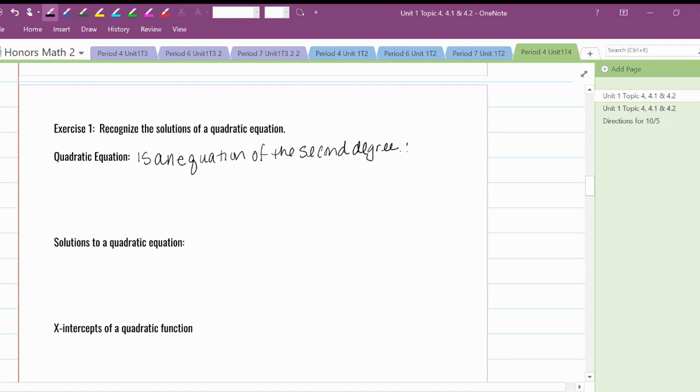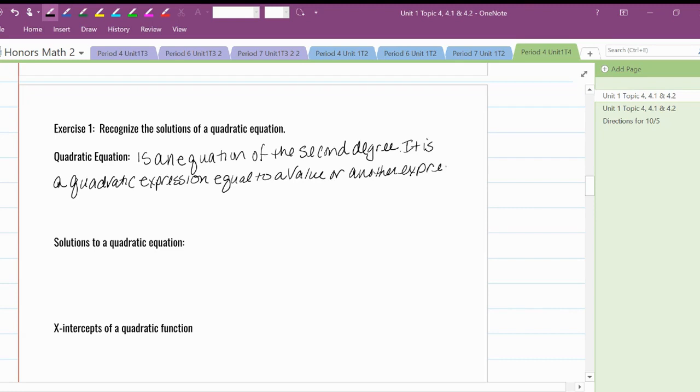What this means is it is a quadratic expression equal to a value or another expression.